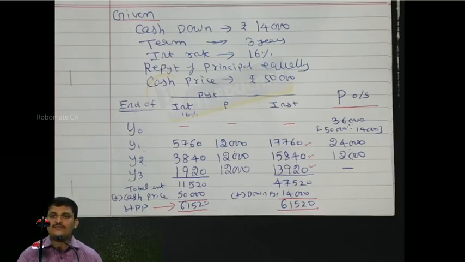Machinery account debit. Machinery account debit, how much? 50,000. Machinery account debit 50,000, to bank 14,000, to hire vendor 36,000.